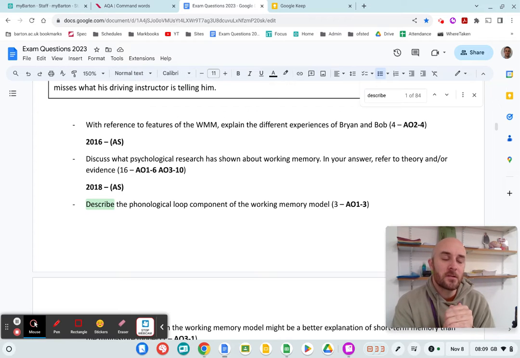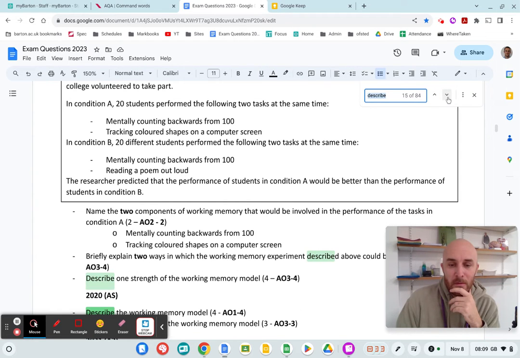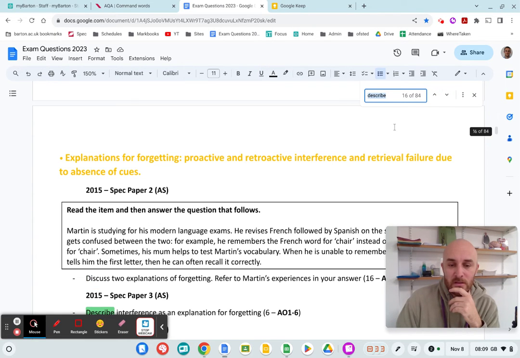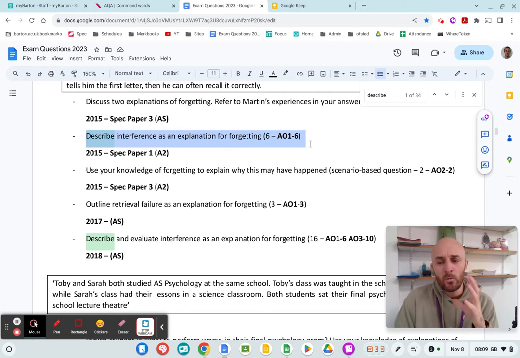For 6 marks, a useful guide for the essay. So, if I just go through, let me find a pure 6 marker describe question. This one just here, for example. Describe interference as an explanation for forgetting, 6 marks. There has never been a case of you having a describe question that is more than 6 marks.